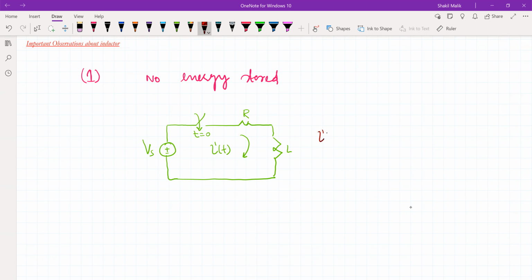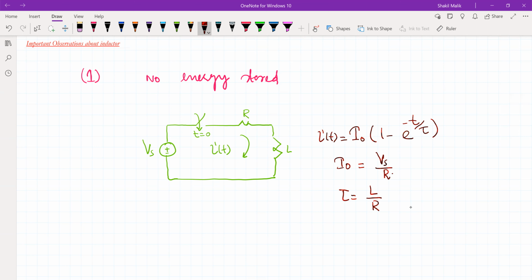I of t will be equal to I naught of 1 minus e to the power of minus t by tau, where I naught for this circuit is Vs by R and tau is the time constant of this circuit. So this is the behavior of the inductor current, which has no energy stored initially.